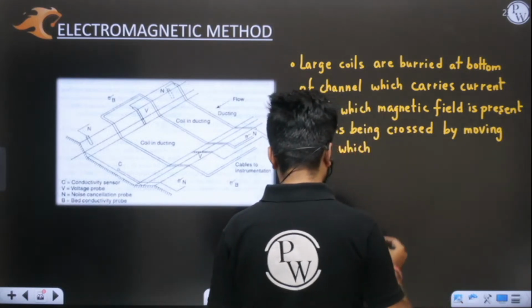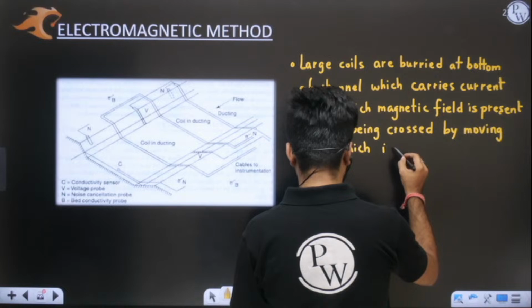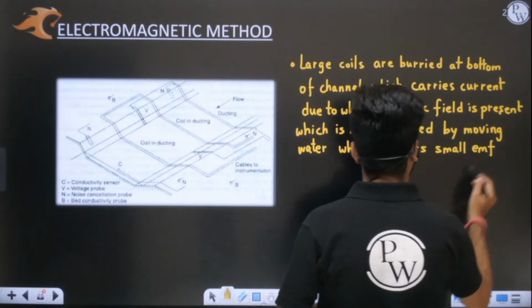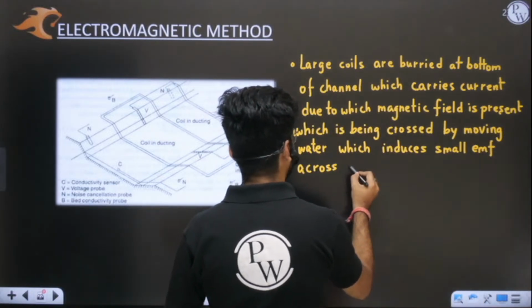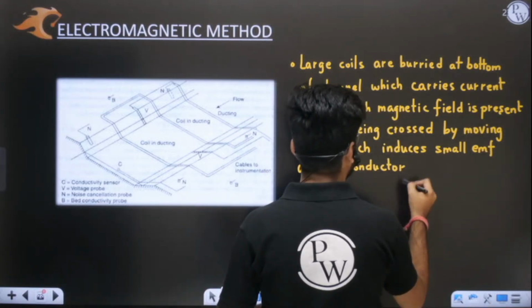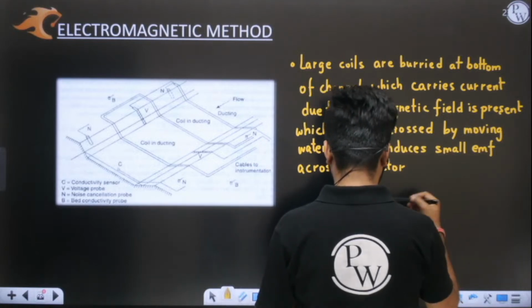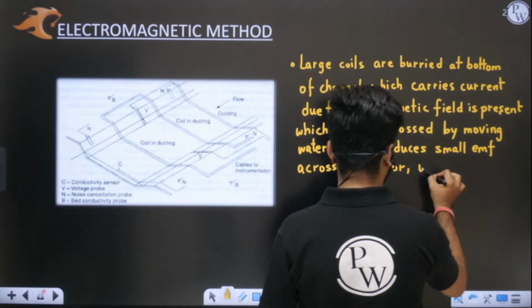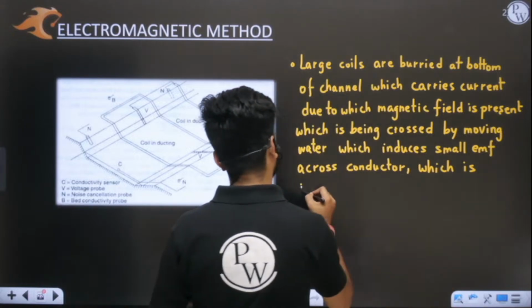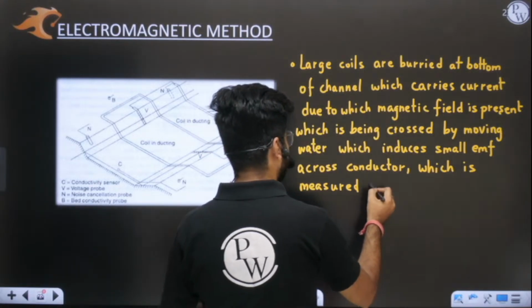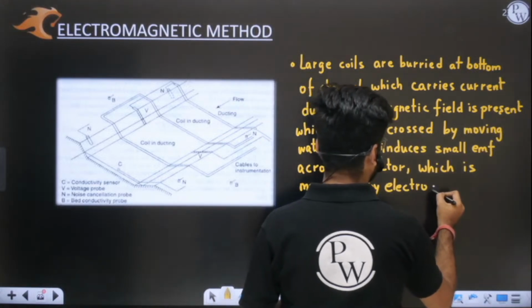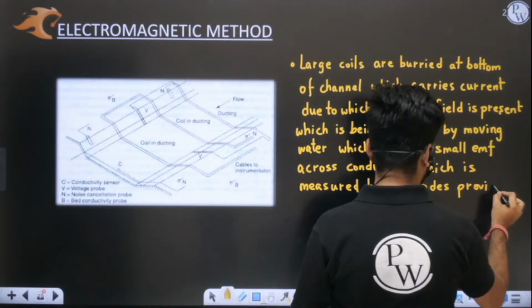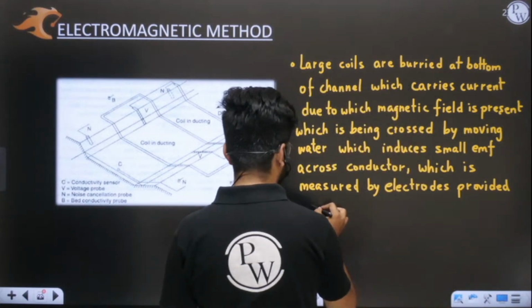So it induces a small EMF across the conductor, and because of this, current will be generated, which is measured by electrodes provided at the sides of the channel.